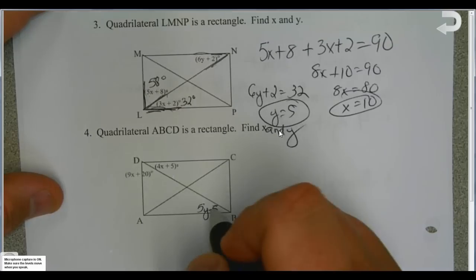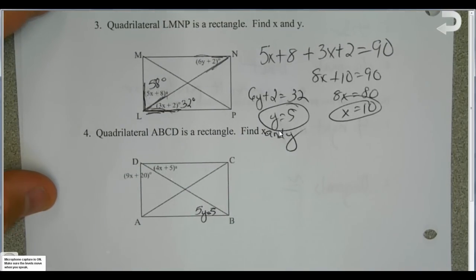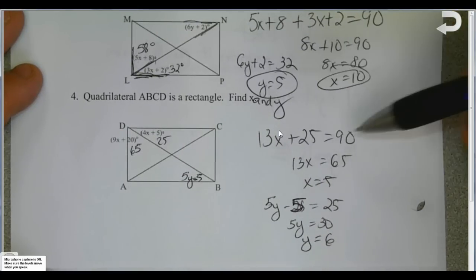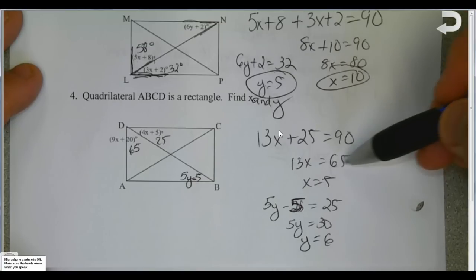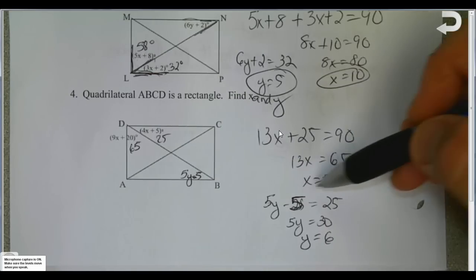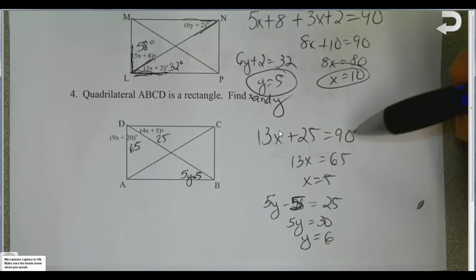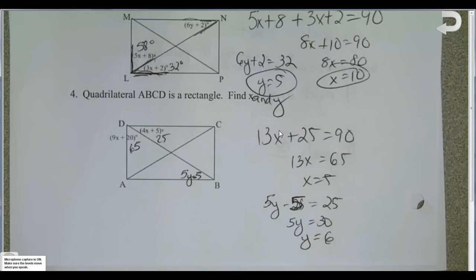And this is 5y minus 5. So go ahead and pause the video and answer this question. Okay, so hopefully you were able to get 13x plus 25 equals 90, 13x equals 65, x equals 5, and then 5y minus 5 is equal to 25, so 5y is equal to 30, so y is equal to 6. Hopefully you guys were able to figure that out.